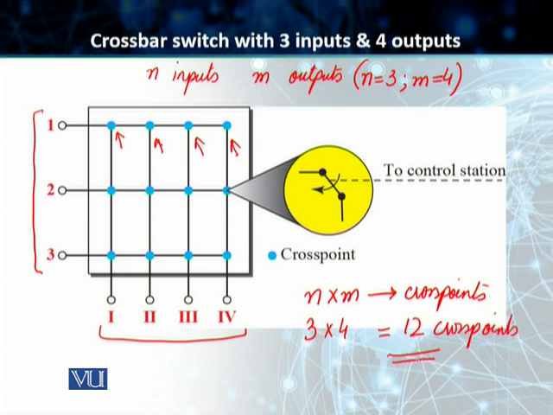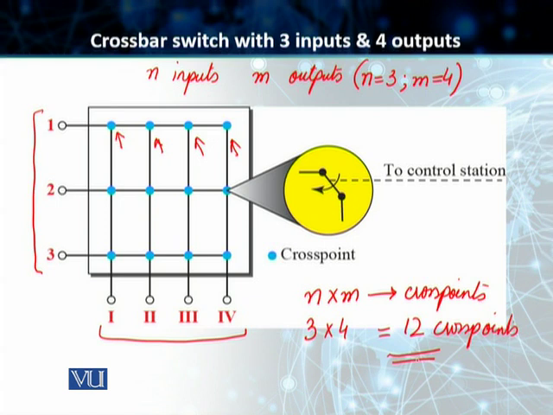Works fine for a small number of inputs and a small number of outputs, isn't it? Students, now let's consider if you've got 1,000 inputs and 1,000 outputs. Students, a crossbar switch with this many cross points is completely impractical.